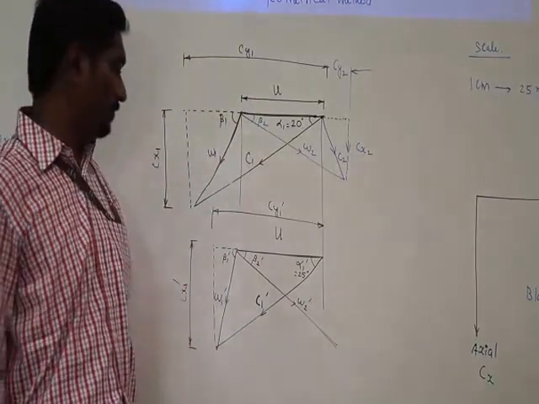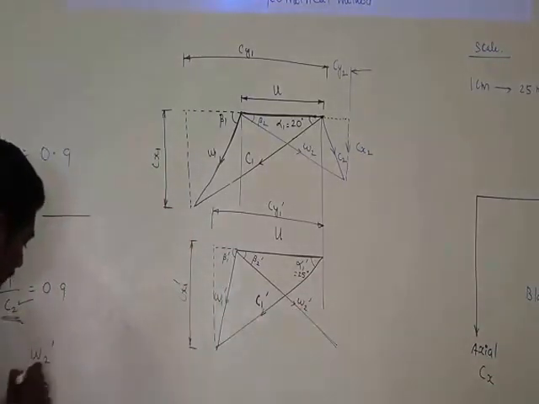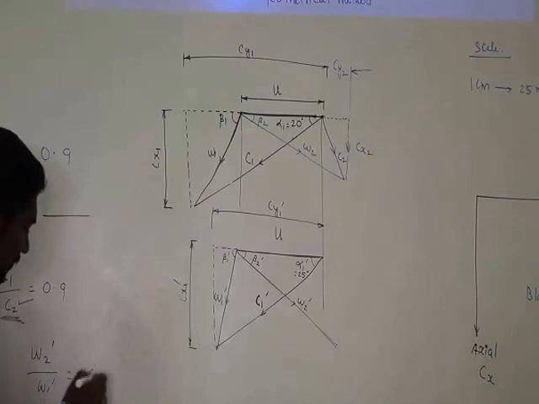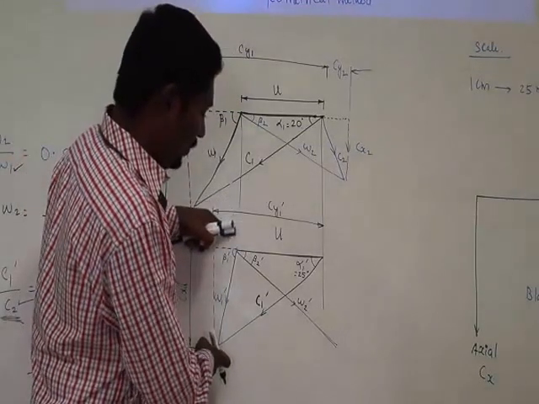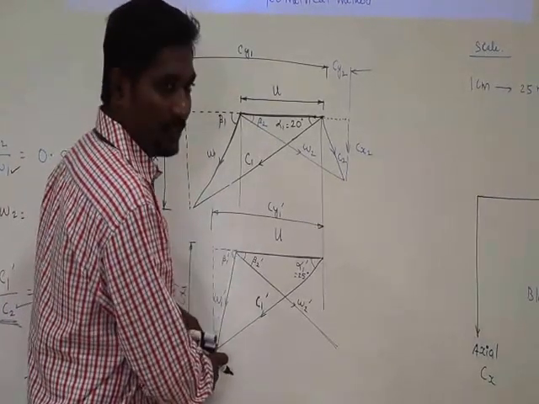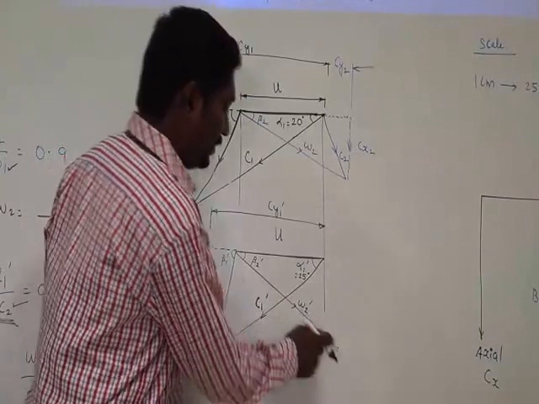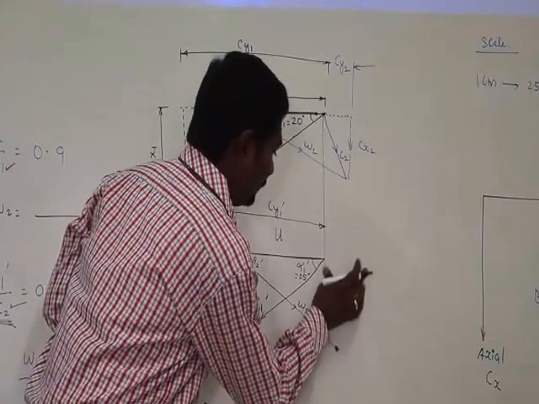The ratio of W2 prime upon W1 prime is given as 0.9. We know the value of W1 prime, which you can measure. Then we multiply it by 0.9 and we get this value W2 prime.